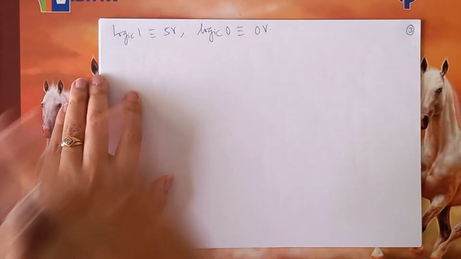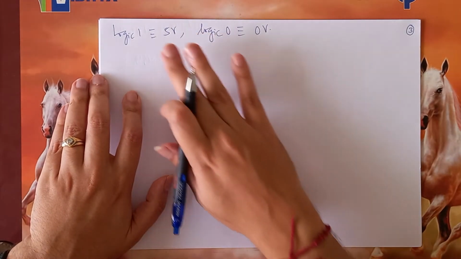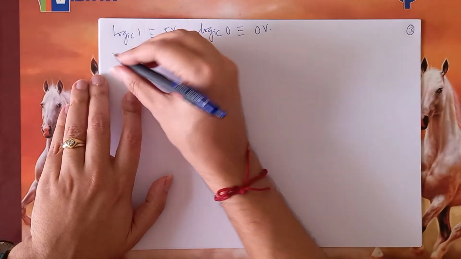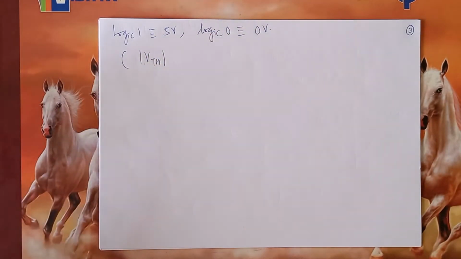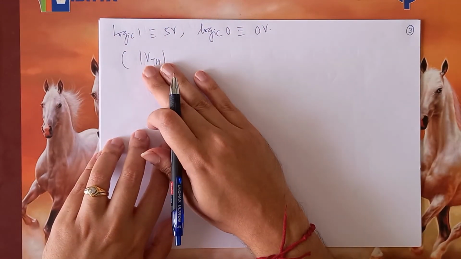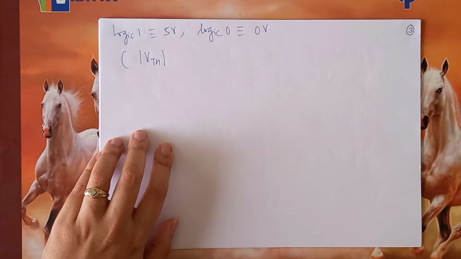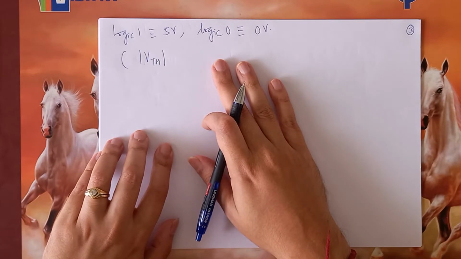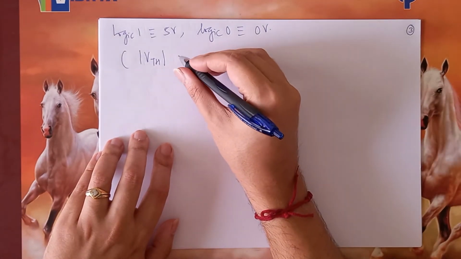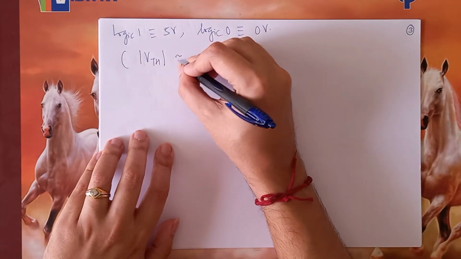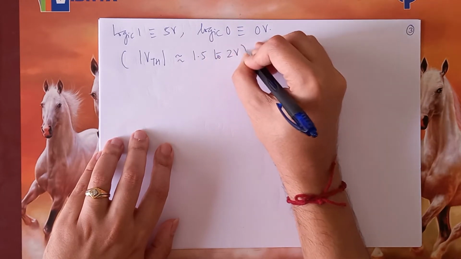Generally, for MOSFETs which are designed to work with a maximum of 5 volts, the threshold voltage, I will write it as mod VTH, because the VTH for the NMOS is positive and the VTH for the PMOS is negative. Since the devices we can consider as identical, I will represent it as mod VTH. Generally, the mod VTH for this kind of MOSFETs is anywhere from 1.5 to 2 volts.